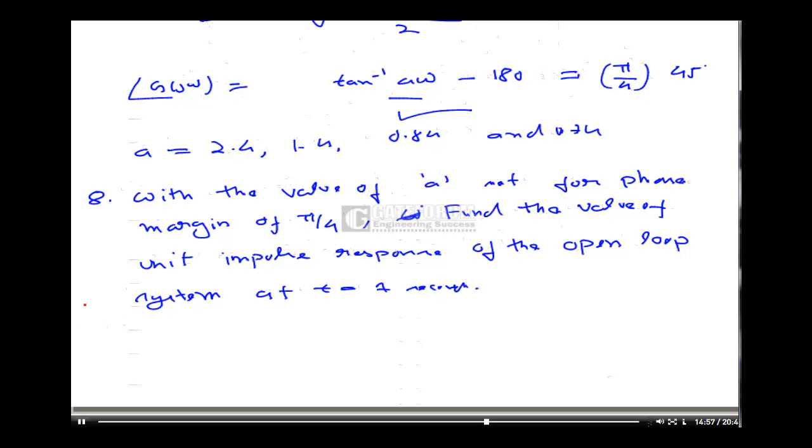Okay, we have to find the value of the unit impulse response. Now we have to find it for the open loop system. The value of a is 0.84.